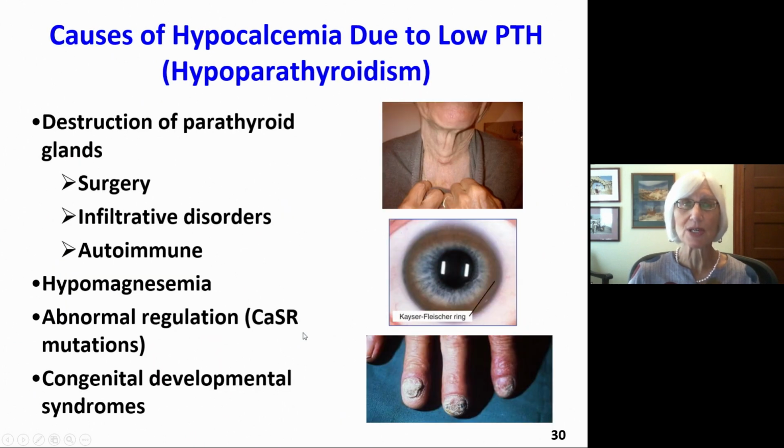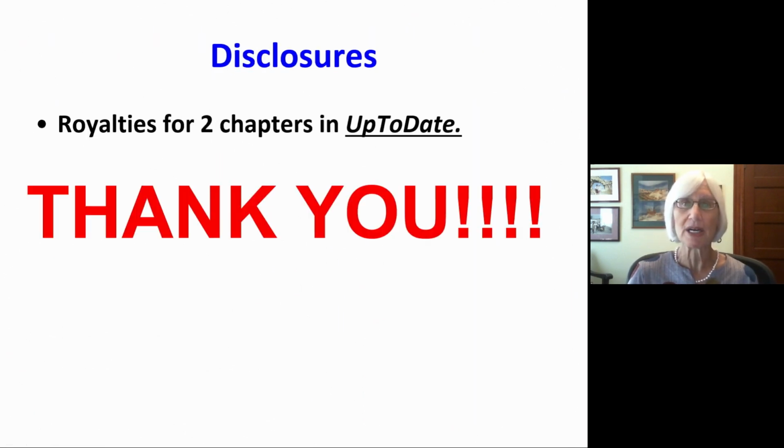So very serious. And most of the time, this is from destruction of the parathyroids from surgery. There can be infiltrative disorders shown here, a Kayser-Fleischer ring from Wilson's disease and copper deposition, or autoimmune disease. But in this case, this is a case of hypomagnesemia, a reversible cause of hypopara.